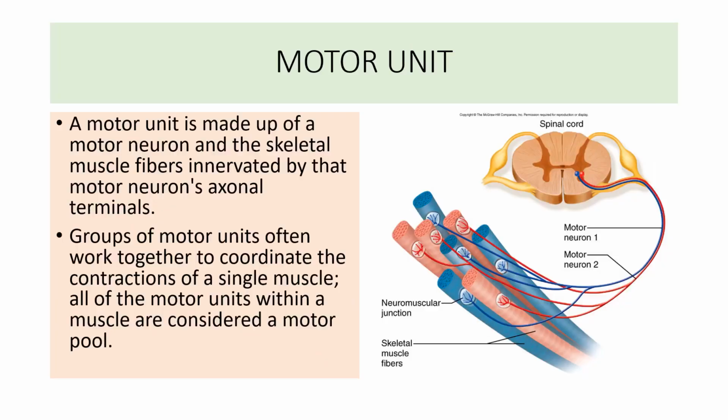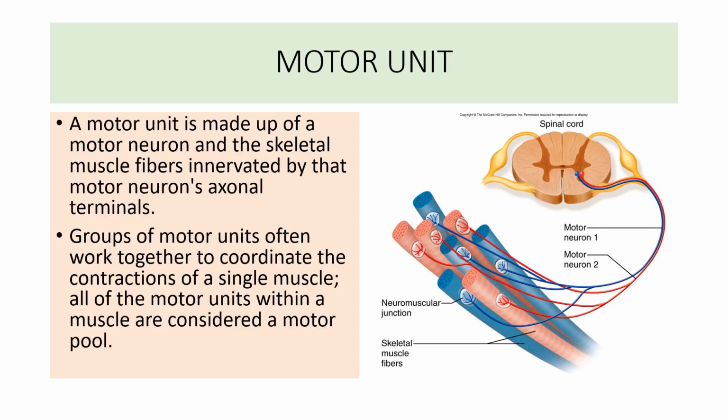The next term is motor unit. A motor unit is made up of a motor neuron and the skeletal muscle fibers innervated by the motor neuron. So one motor unit will be innervated by one neuron and the fibers will contract at the same time.